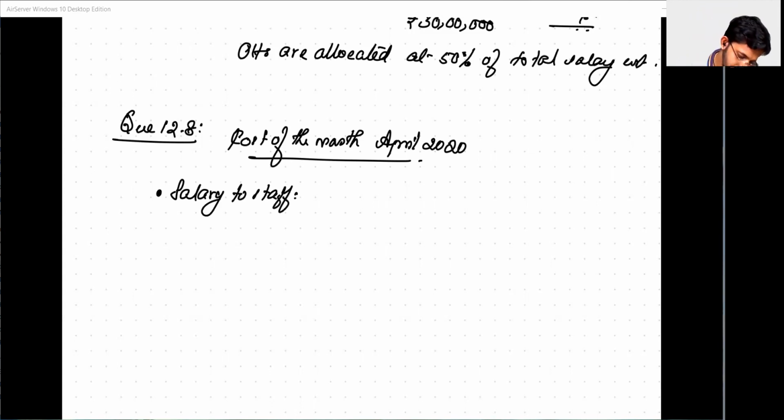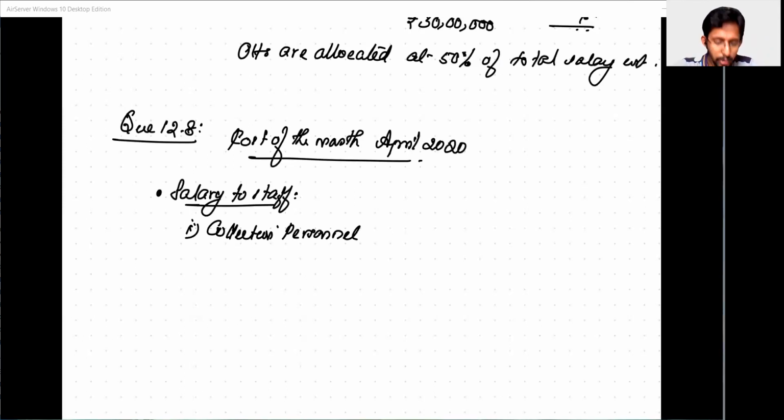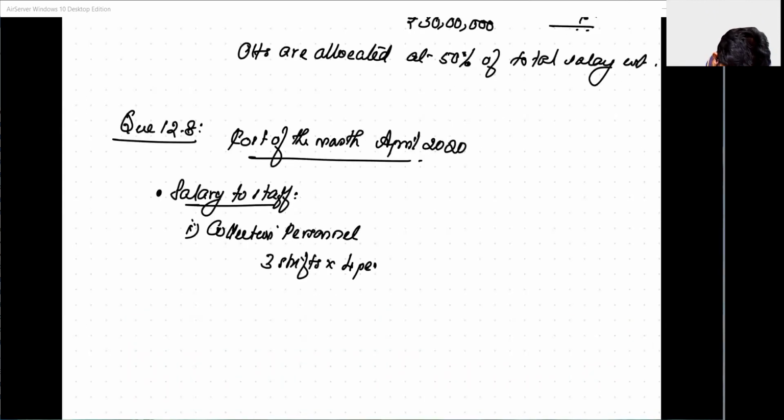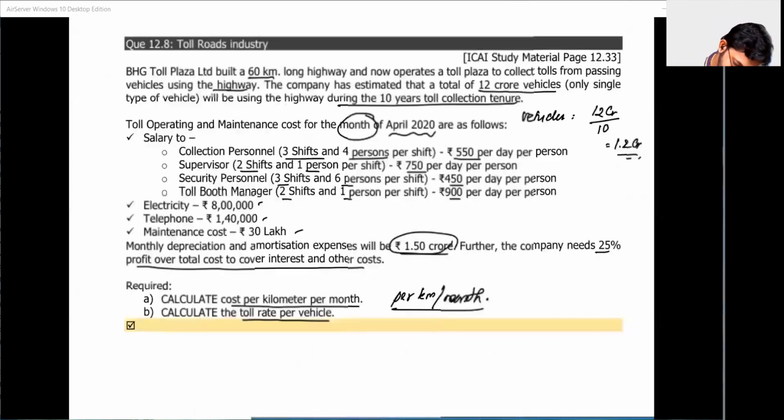Okay. First is you have the collection personnel. Collection personnel, you need it for monthly cost, right? So there are 3 shift and they say that there should be 4 persons per shift. So 4 persons per shift. And how many days have to be paid?